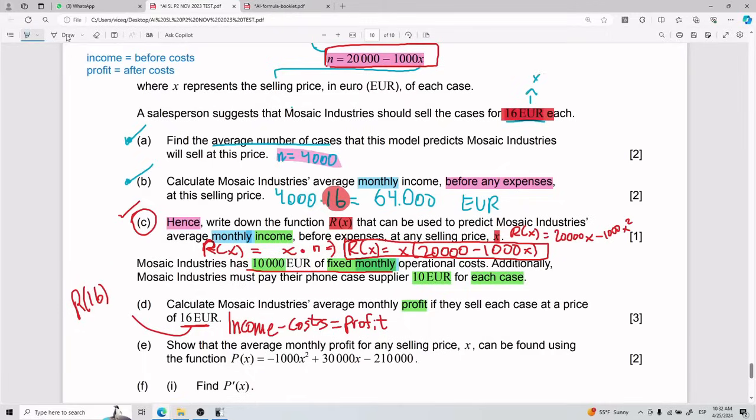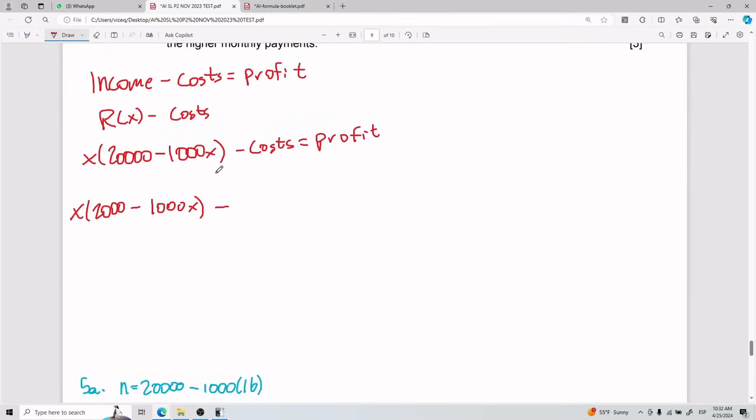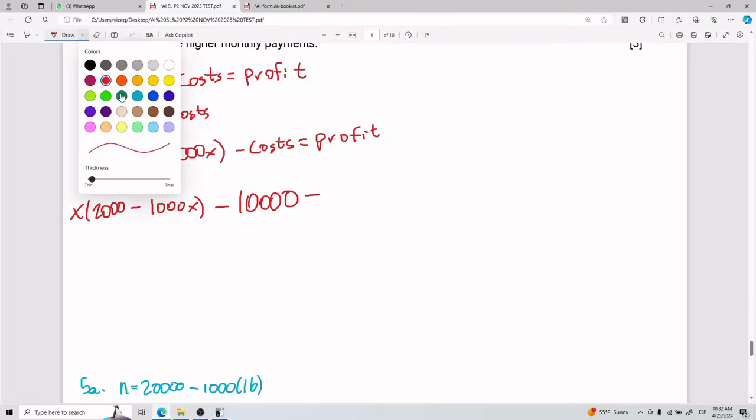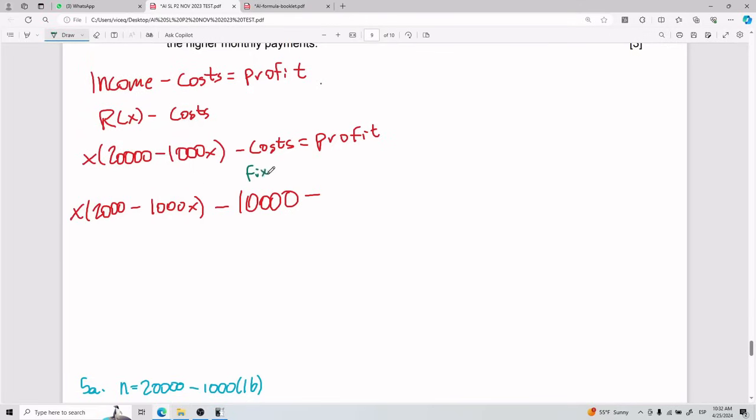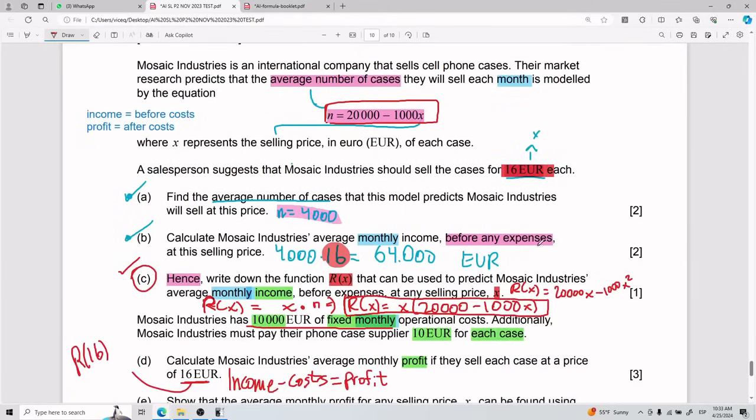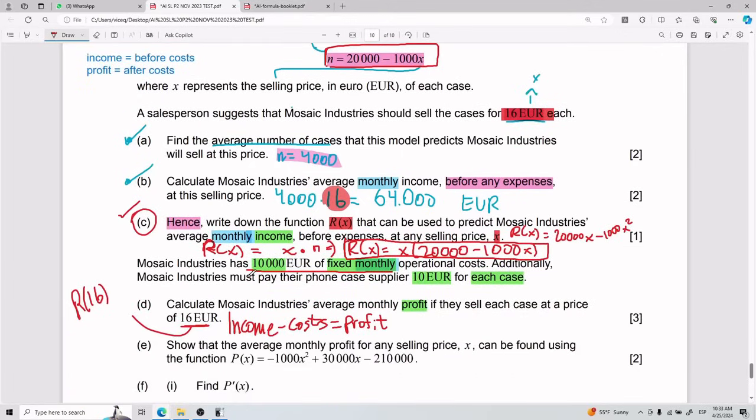Basically, one of the costs you have is a straight up amount of 10,000, period. And your other cost, which is why I'm going to be doing it negative, because you're subtracting from your income, you're losing money. So one of them is this fixed 10,000. So I'm going to actually put up here just so we don't forget. So this is fixed. This right here is just income, this whole thing. And the other one we need to do is the per case. So they tell you that they must pay their phone supplier 10 euros for each case.